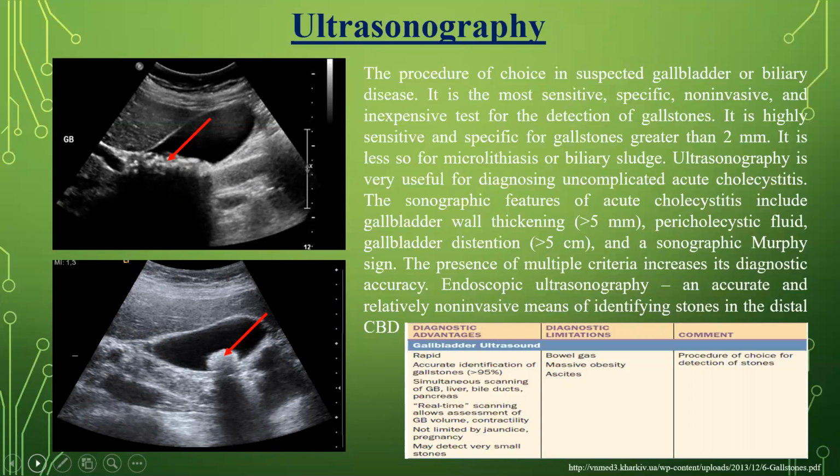It is the procedure of choice for detection of stones due to its accuracy and sensitivity, and also cost. It is not limited by jaundice or pregnancy, and may detect very small stones, because 2 mm is very small. You can see on the pictures here the detection of one big stone, and here the presence of multiple stones in the form of sludge near the neck of the gallbladder.